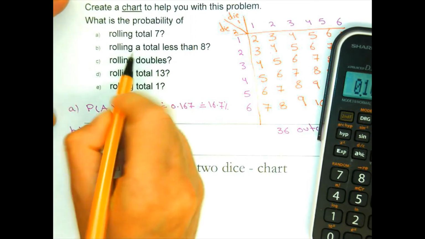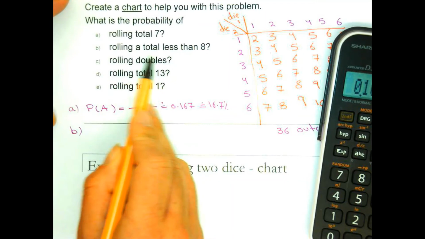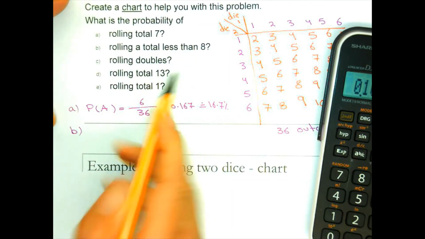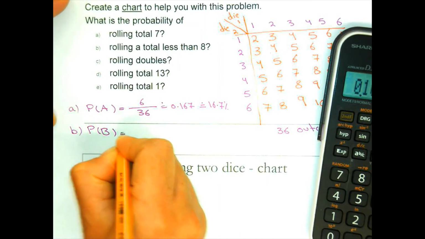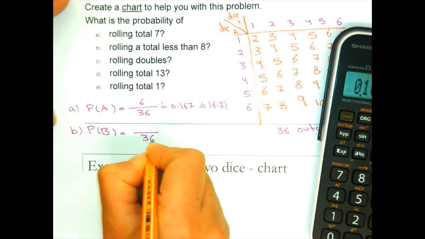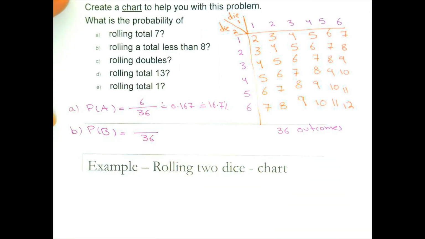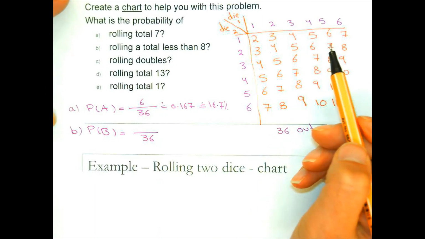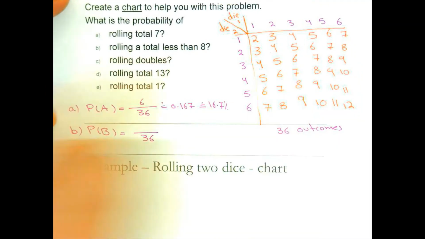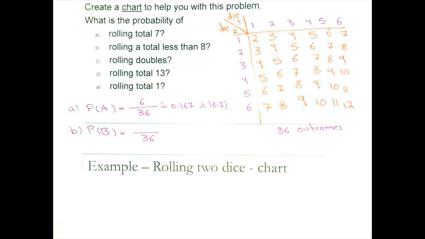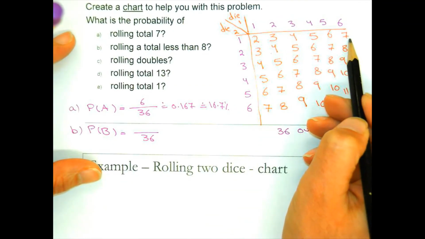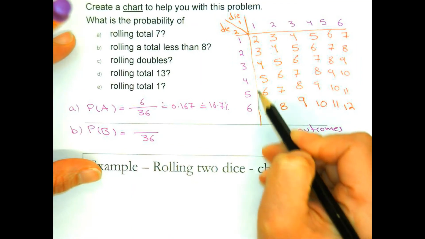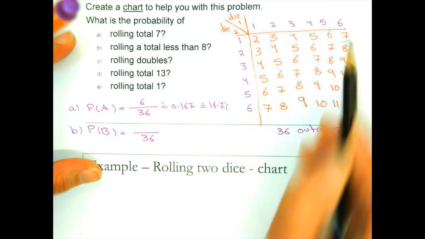B, what is the probability of rolling a total less than 8? Again, we have 36 cases. Now, how many do we have less than 8? So, everything here is less than 8.